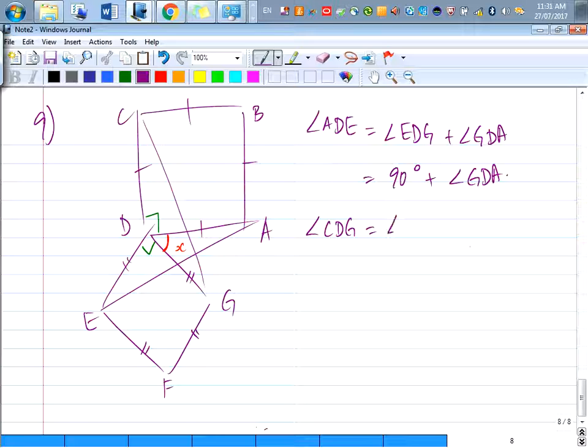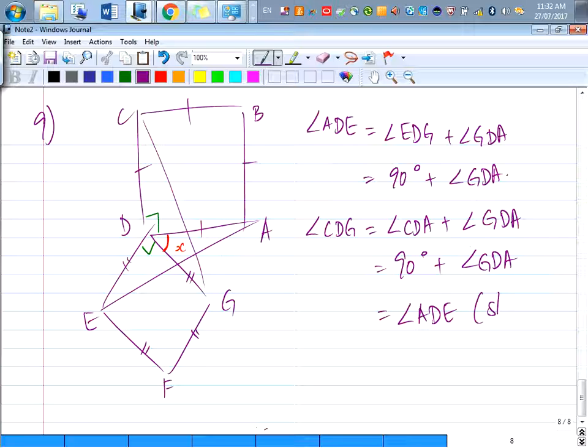That is equal to angle CDA plus angle GDA again. So this is 90 degrees plus angle GDA, and we see that this is exactly the same as what is over here. So I'll put that this is equals to angle ADE, shown.